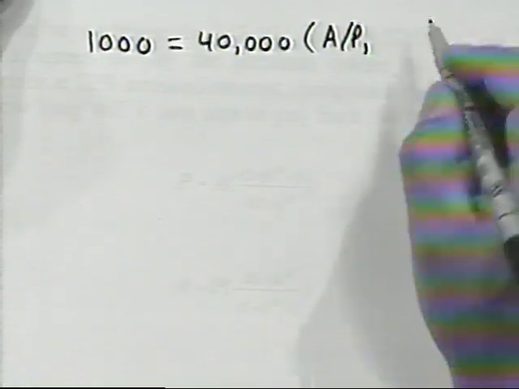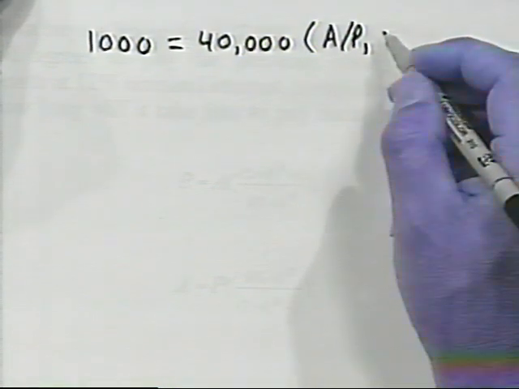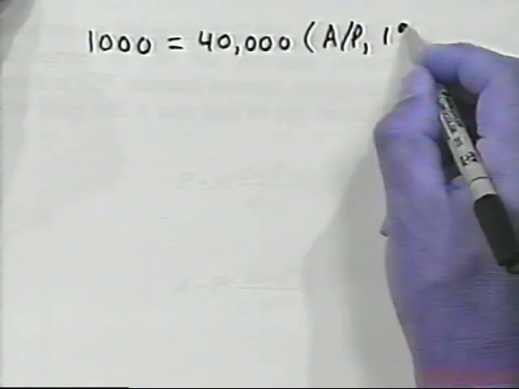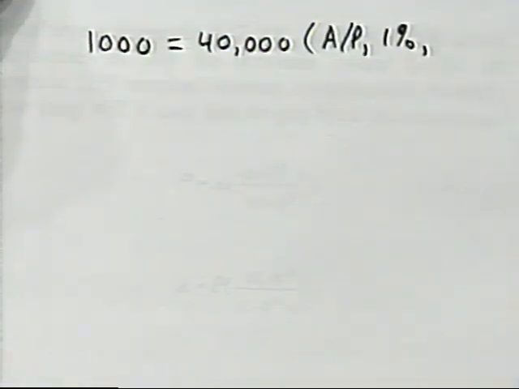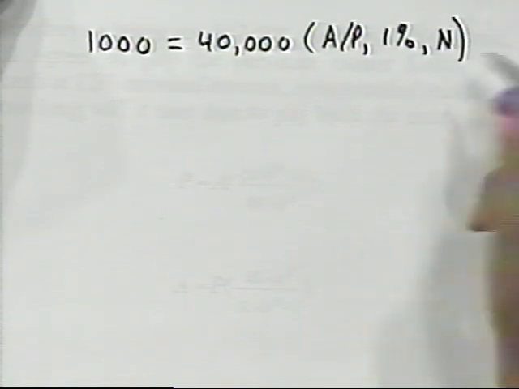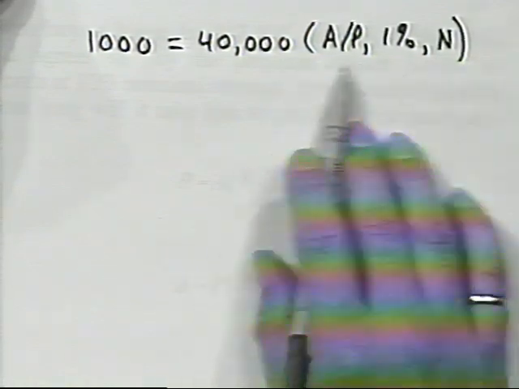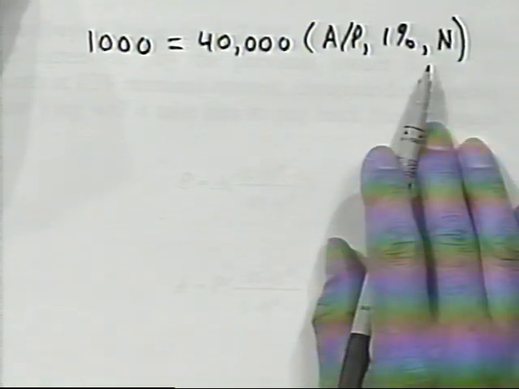For a known interest rate of 12%, but we're working on a monthly basis, so that's 1% per month. Because it's nominal 12%, recall with nominal interest rate, we simply divide by the number of periods in the year. And an unknown number of periods n. Again, what we want to do is isolate that compound interest factor.